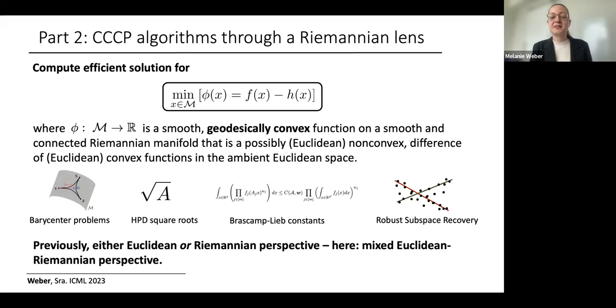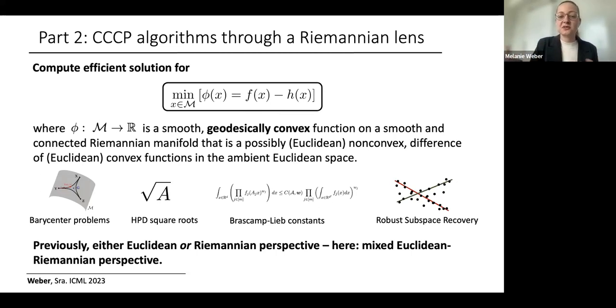The second perspective taken on those problems was a purely Riemannian one, where Riemannian algorithms were designed to solve the problem, and the analysis was also purely through a Riemannian lens.